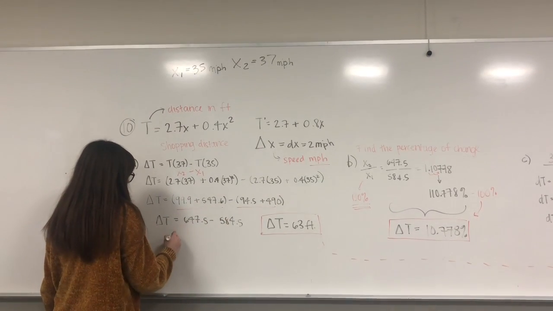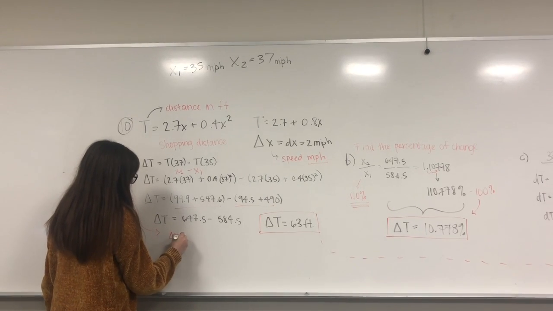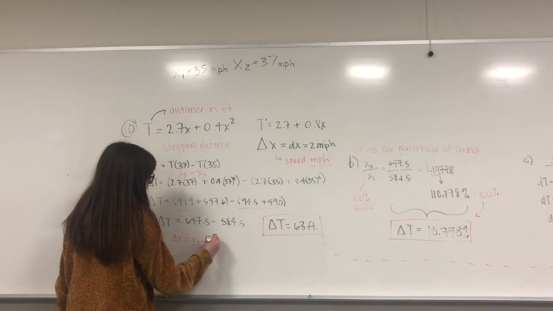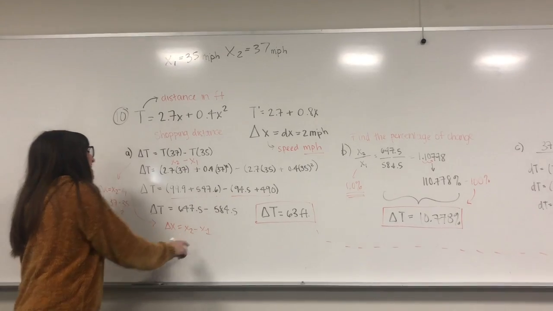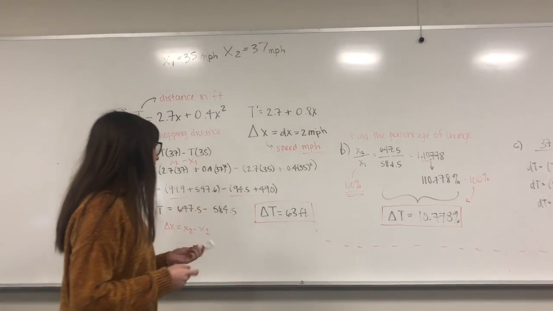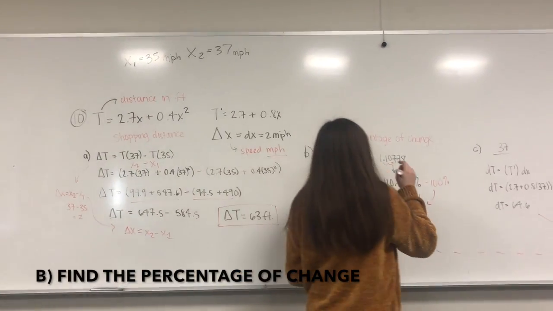At the end you just apply the formula of the rate of change equals x2 minus x1, which is what we did here, and we found that the change in the stopping distance of the vehicle was 63 feet. Then we were asked to find the percentage of change.